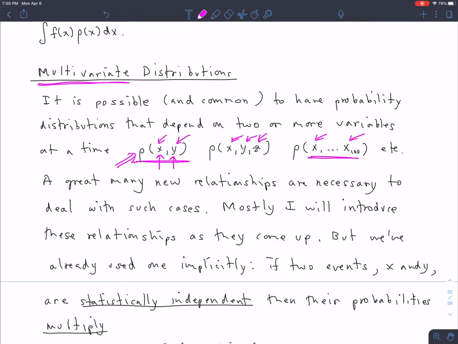You can easily have probability distributions that depend on many, many variables. In fact, in StatMech, you can have probability distributions that have Avogadro's number of variables, 10 to the 23rd variables. That's a multivariate probability distribution.